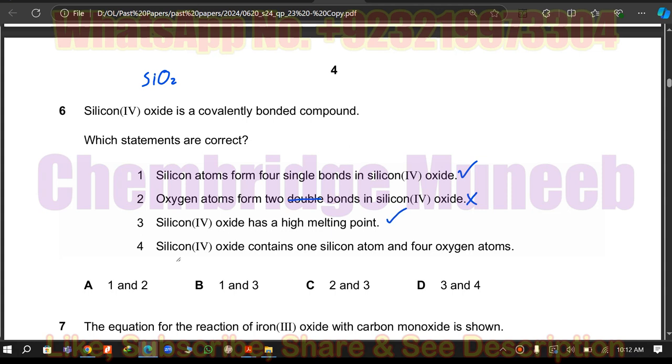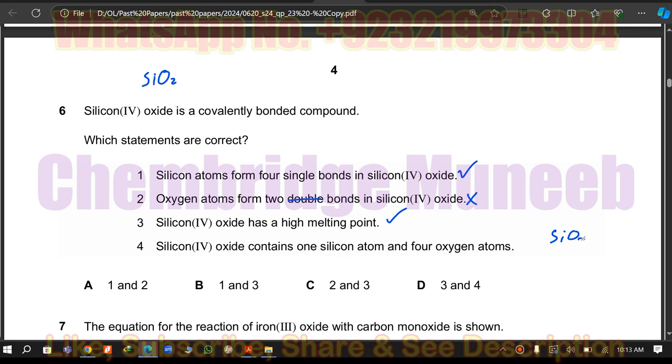That is correct. And 4, silicon oxide contains 1 silicon atom and 4 oxygen atoms. Now this is incorrect, because when we check the ratio, for every one single silicon atom there are 2 oxygen atoms. That is the simplest ratio. We are not considering that in the overall silicon oxide there is the bonding of 1 silicon with 4 oxygen atoms.